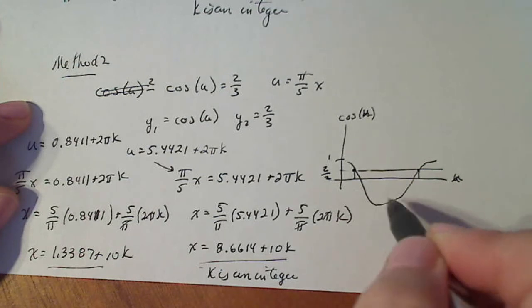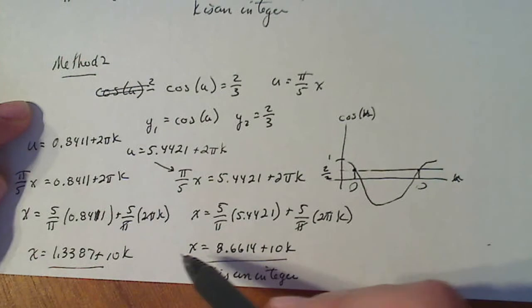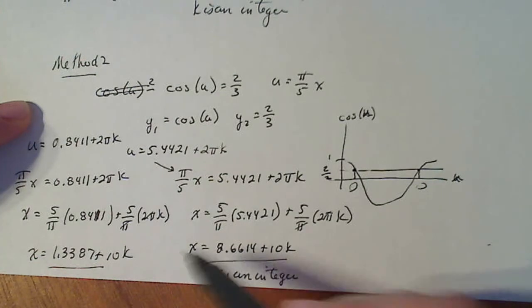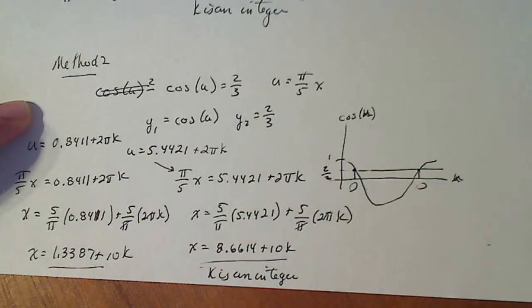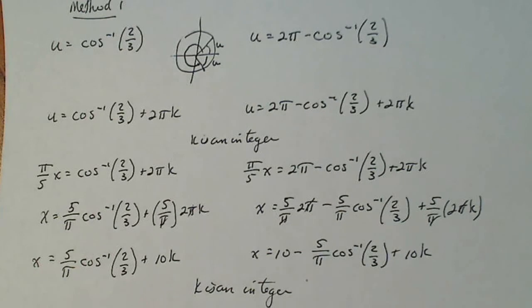Sketch your graph, label your points to show where you're getting these numbers from, so it's not just a guess for your teacher. You don't want to do that. Or you can use method 1, which is a lot more purely algebraic, but it doesn't matter. Either one works, and you can actually test it. If you type this into your calculator, you should get the same number as you did at the bottom. And same thing here. Type this in your calculator, you should get the same number at the bottom.